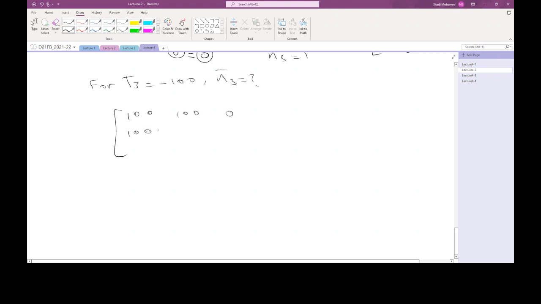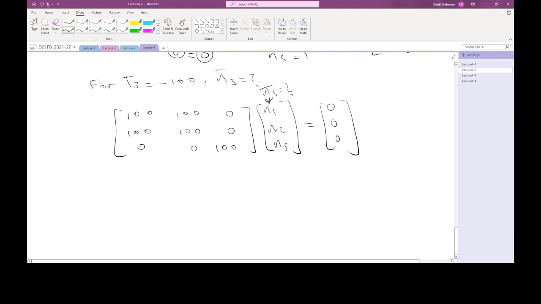Here I have 100 and minus 100 is plus 100 and 0, 0, 0 and plus 100. This is multiplied by N1, N2 and N3, and this is equal to 0, 0 and 0. And these are the components of N3 vector.